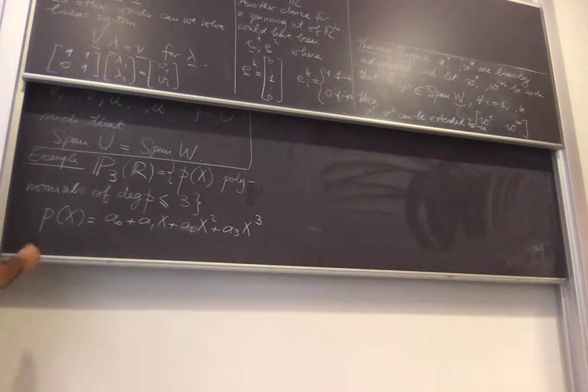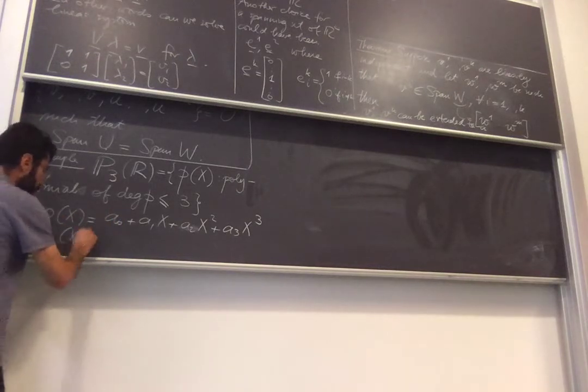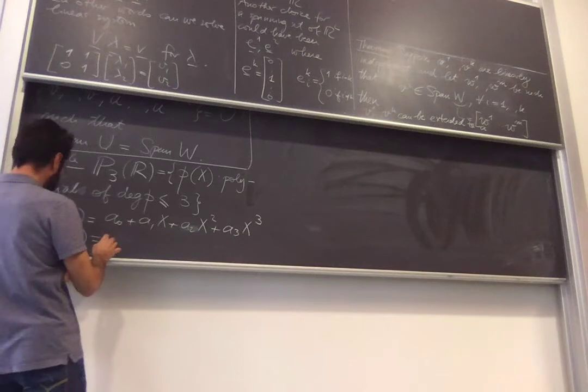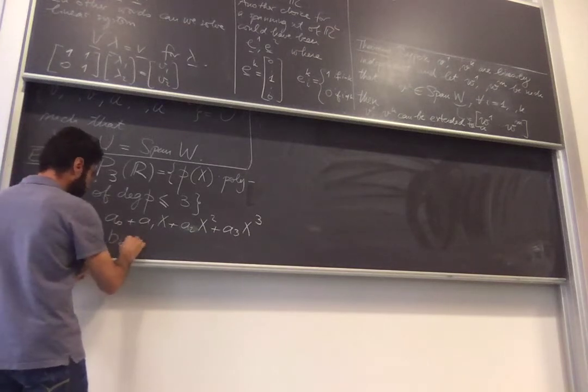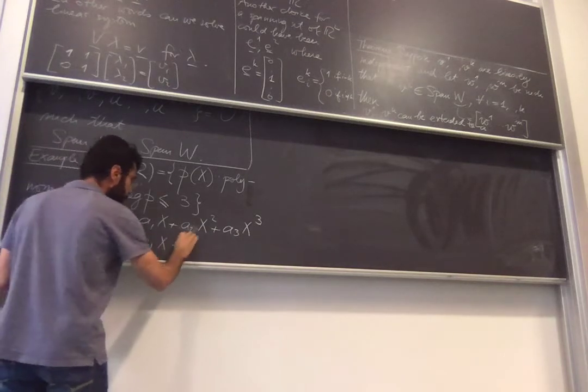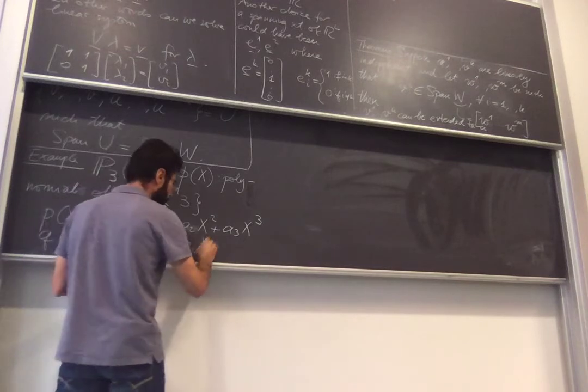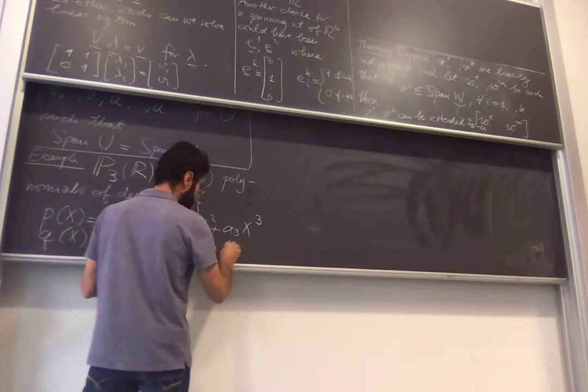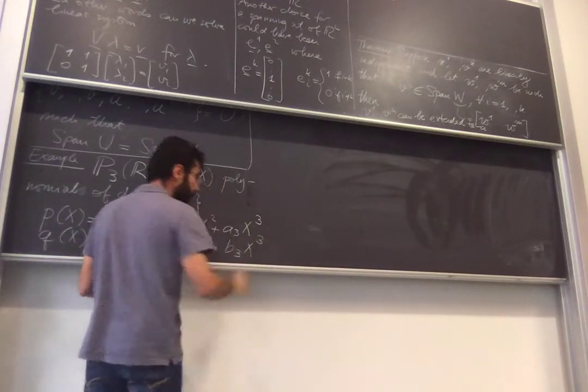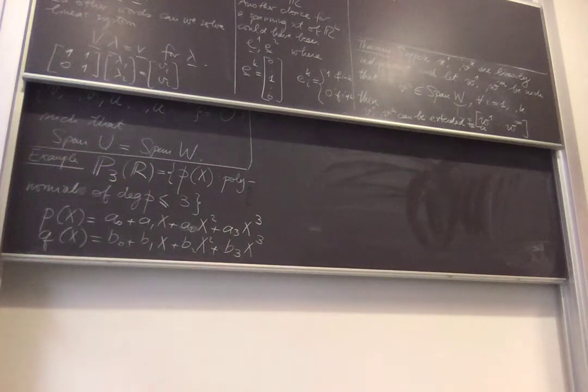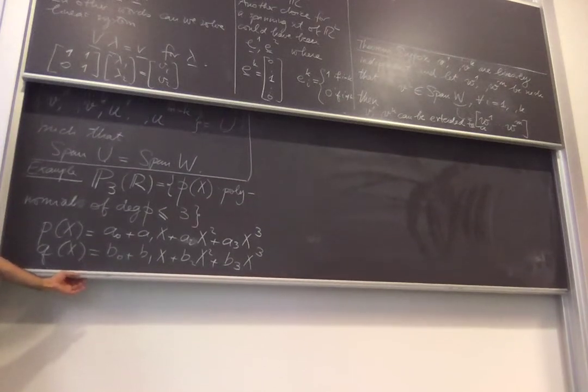Suppose you have this polynomial here and this polynomial: b0 plus b1x plus b2x squared plus b3x cubed. Where x is just an indeterminate. Indeterminate means we don't have to worry too much about x. X is just something that satisfies the rules of algebra. So we're being just formal.